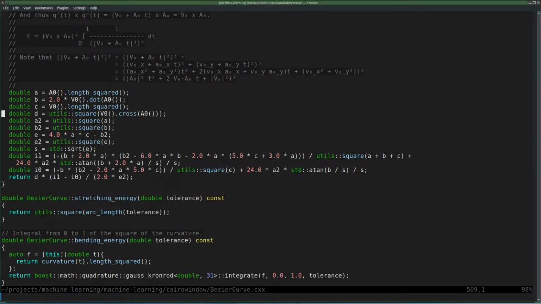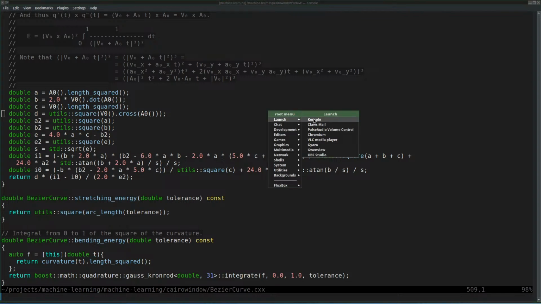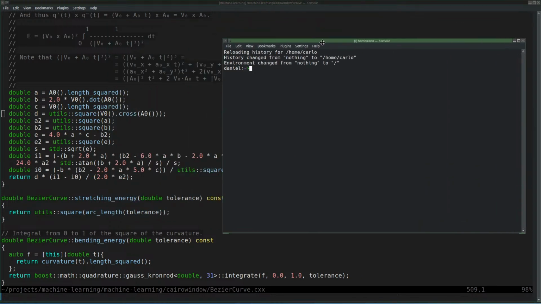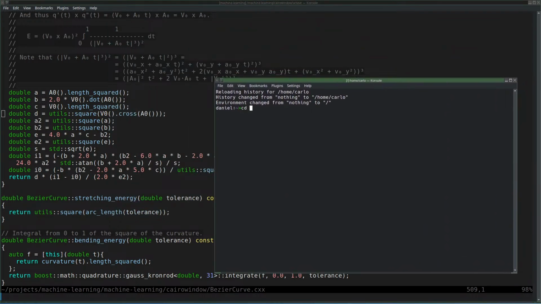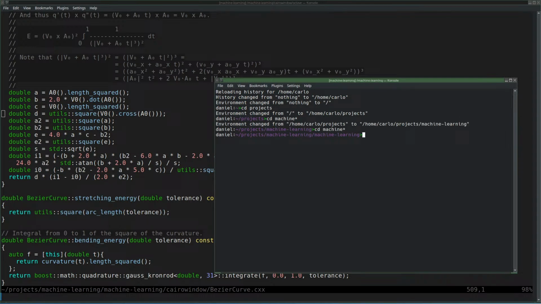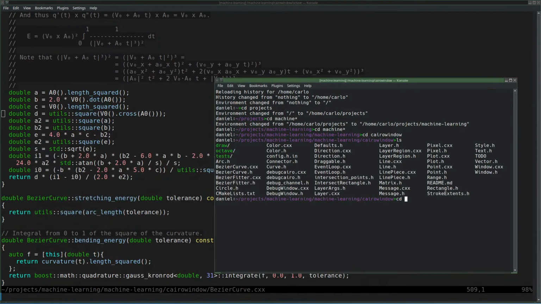Maybe I should use the same variable names as I did now in this file.